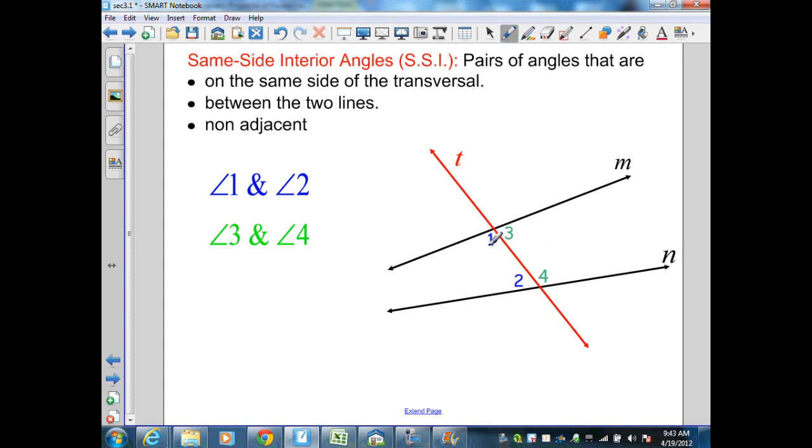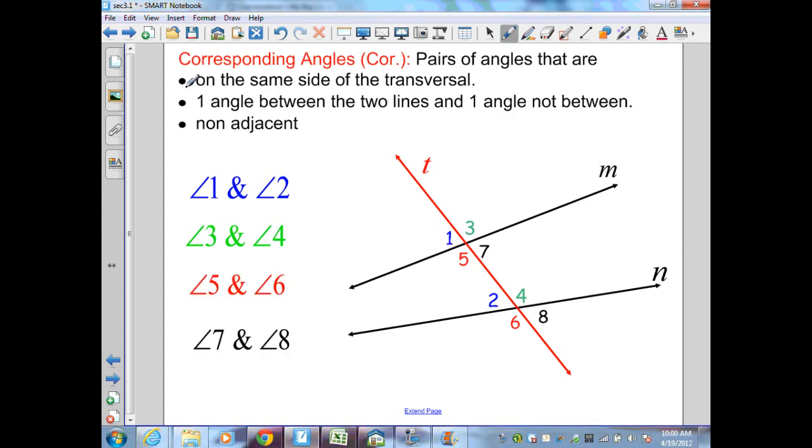All sets of angles shown, 1, 2, 3, and 4, are all between M and N, the two lines being intersected by the transversal, and they are non-adjacent. Therefore, to identify my same side interior angles, I would choose angle 1 and 2 as a pair of same side interior angles, and angle 3 and 4 as a pair of same side interior angles.